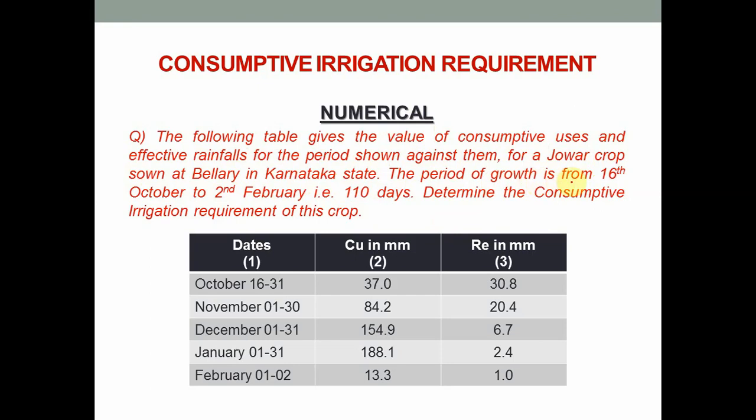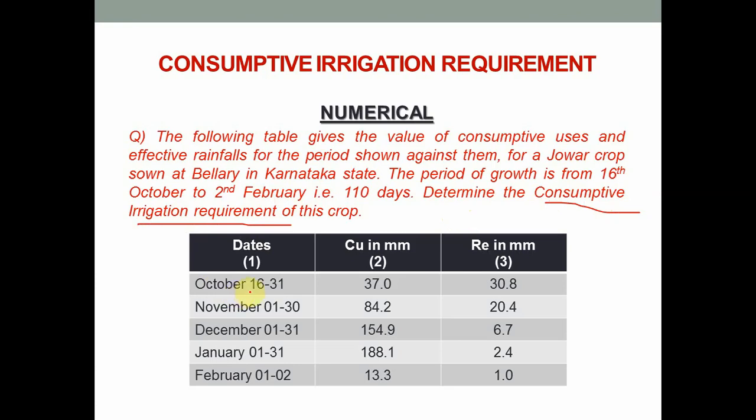The period of growth is from 16th October to 2nd February, that is 110 days. Period of growth is nothing but the crop period. It is 110 days from 16th October to 2nd February. Determine the consumptive irrigation requirement for this crop.